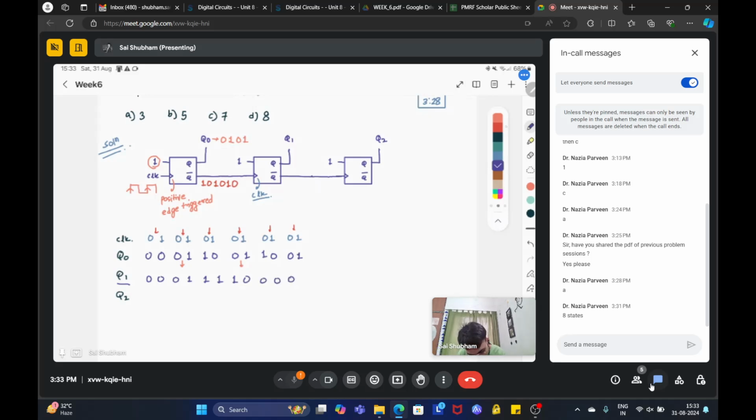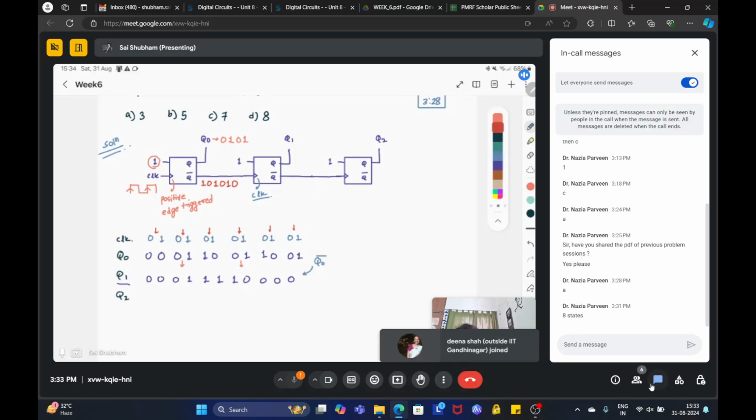So if you see the counter, the mistake was that the Q0 bar is being fed to Q1.